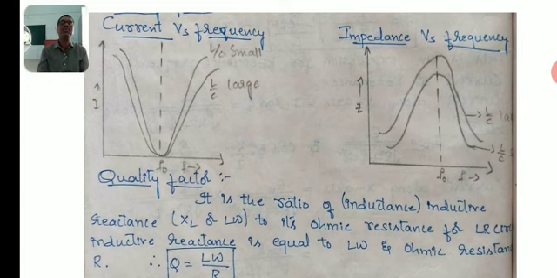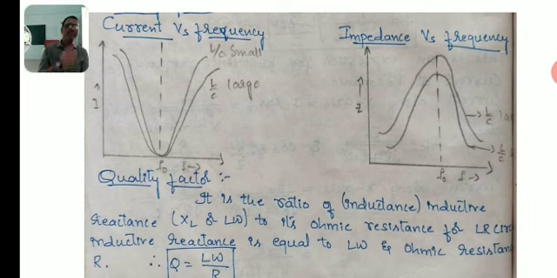The corresponding frequency is called the resonance frequency. That means for different values, L by C is large, L by C is small, for two different values, just to see the nature of the graph, that means the variation of current with the frequency in an LCR parallel circuit.